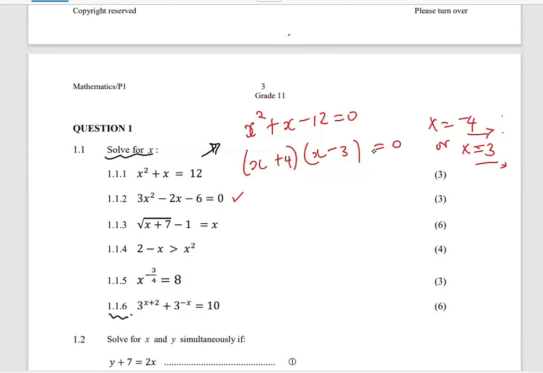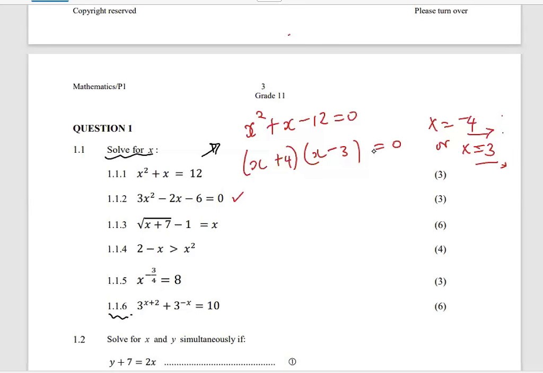Now, when I look at this question, chances are high we need the quadratic formula in this case. I'm just saying chances are high that we might have decimals in this, because normally if the first one is to do with factors, the second question must always be the decimals.